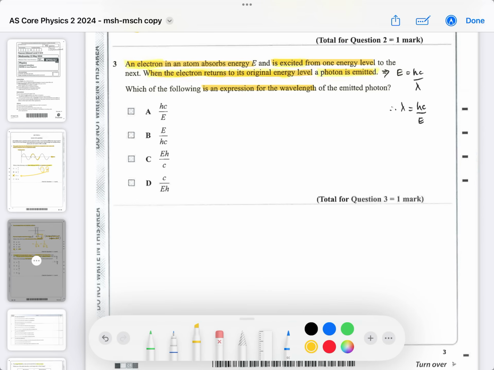The equation linking energy and wavelength is E equals hc over lambda. Once you know that, if you make lambda the subject, you get lambda equals hc over E. So you're looking for hc over E, so that is A.